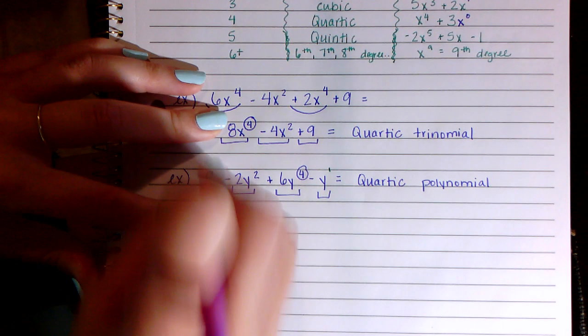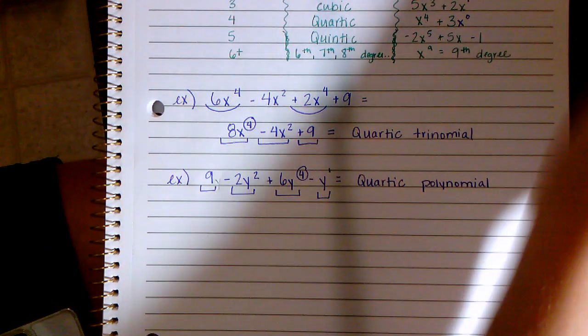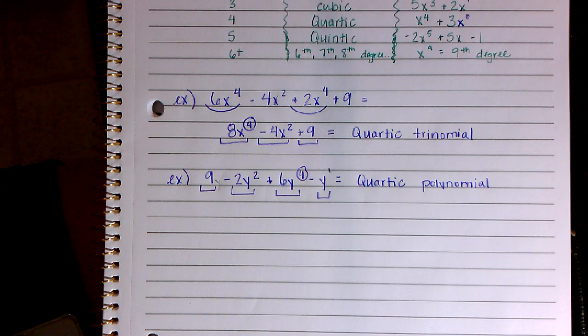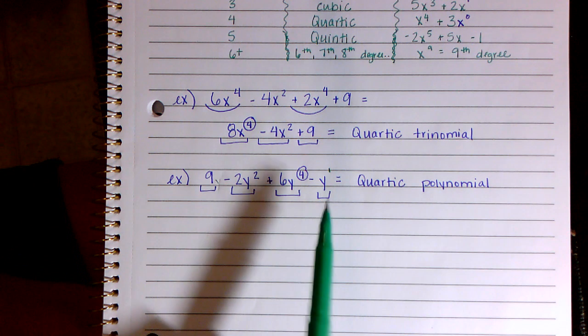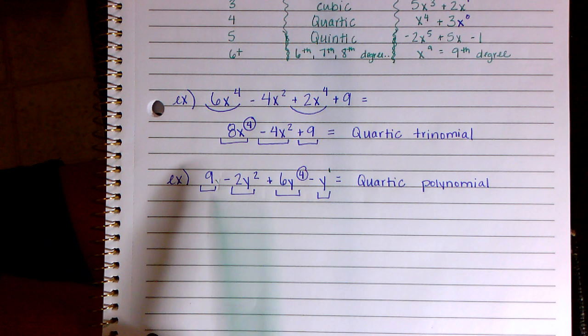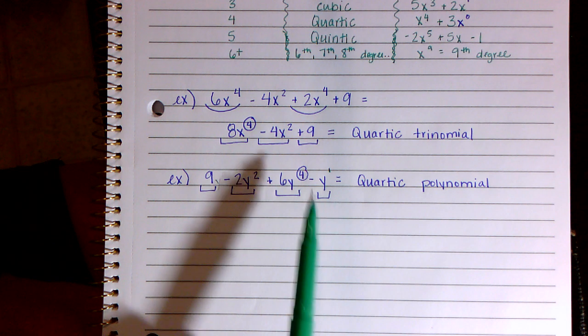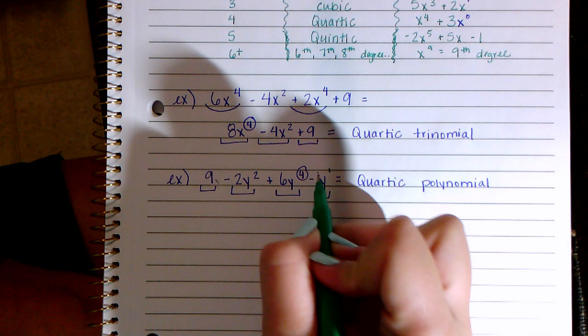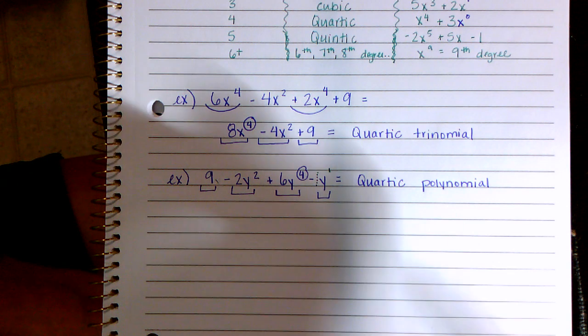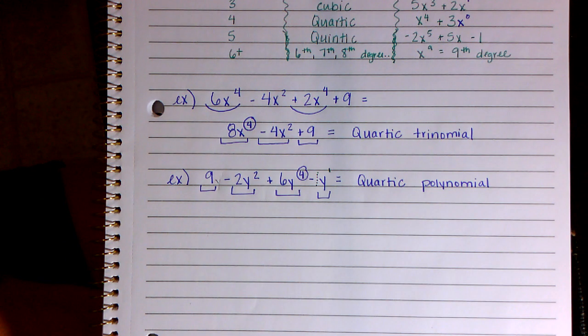So just keep those things in mind. You don't ever have to change the equation that I gave you and add those in. It's just if it helps you kind of understand things. Anytime you see a variable with no exponent, you know that it has an invisible 1. There's always those invisible 1s. There's also an invisible 1 right in front of it. We talked about that when we were multiplying our exponents.